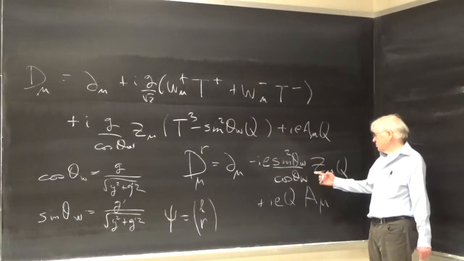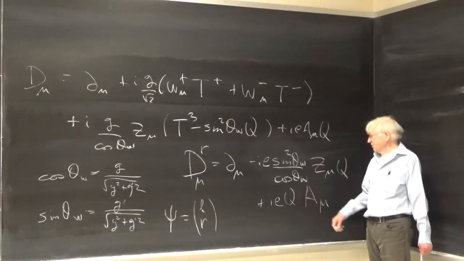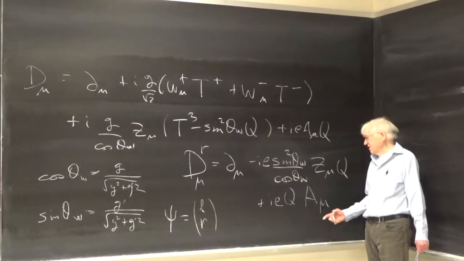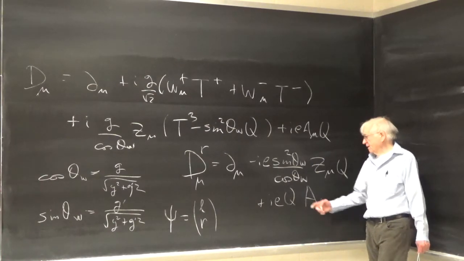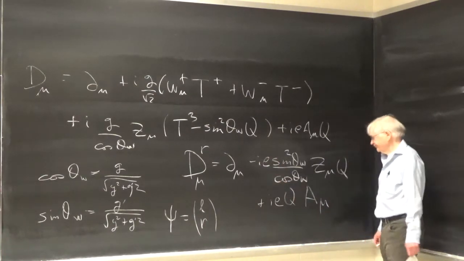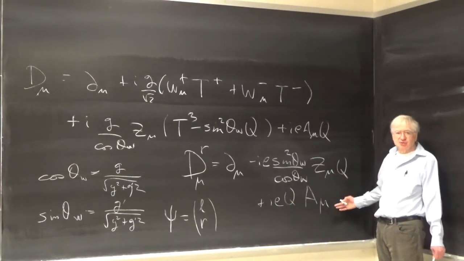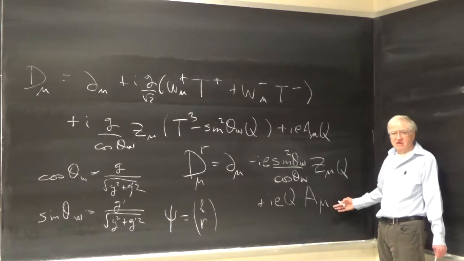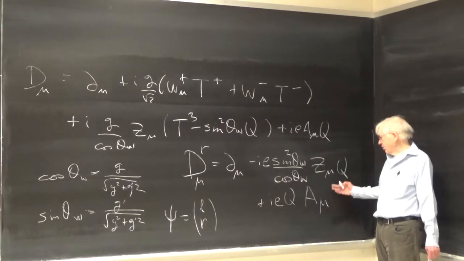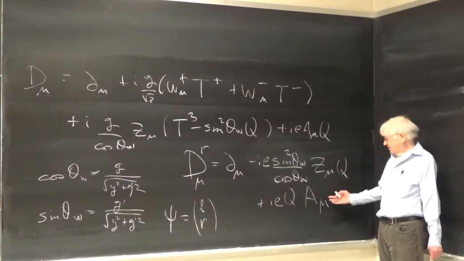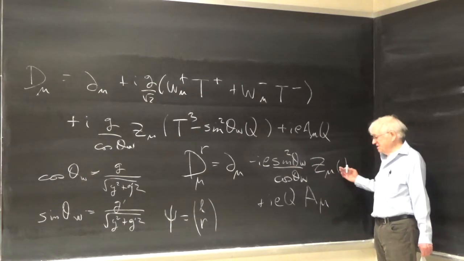Secondly, these charges could cancel to some extent because of this minus sign. This in particular means that the right-handed neutrino, which is the only neutral fermion that we know of, doesn't interact at all.